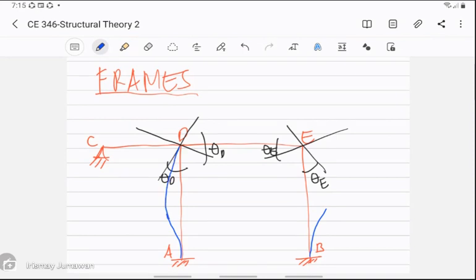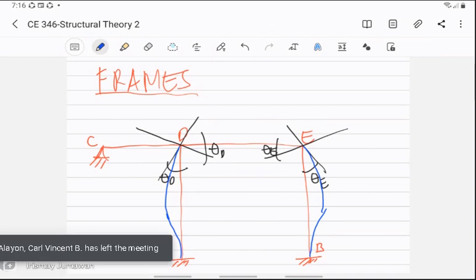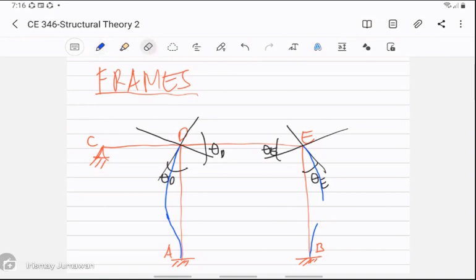Here we can also see the change in your elastic curve, that is the point of inflection. If you determine the moment of this member, then you draw the shear and moment diagram. That is the change of your curve, the point of inflection.